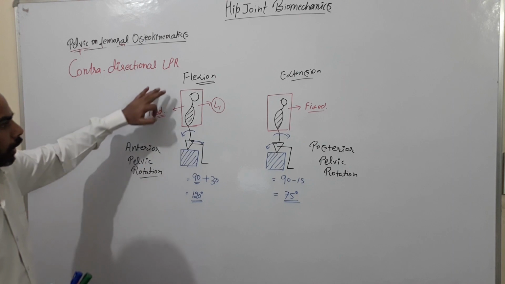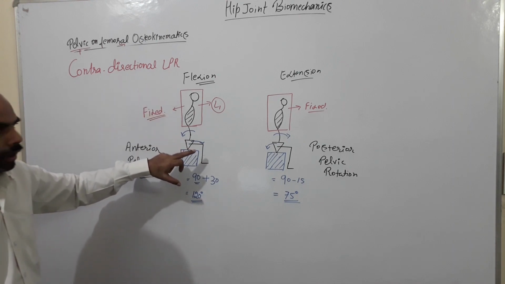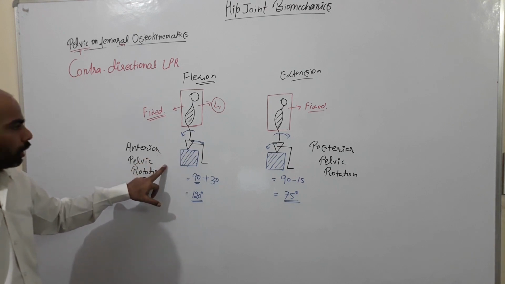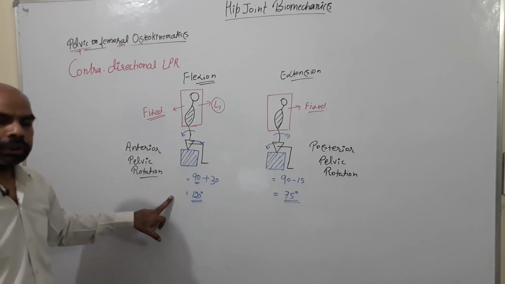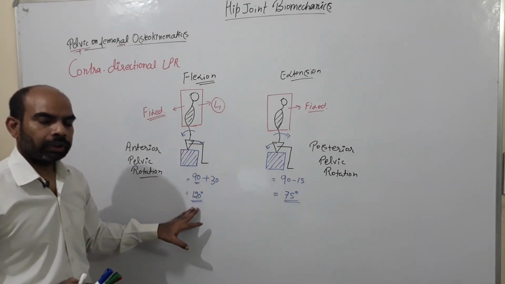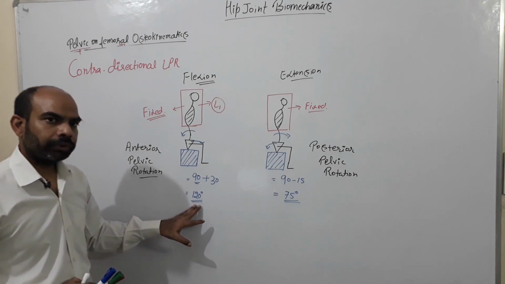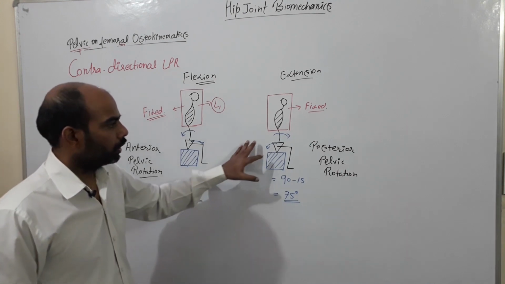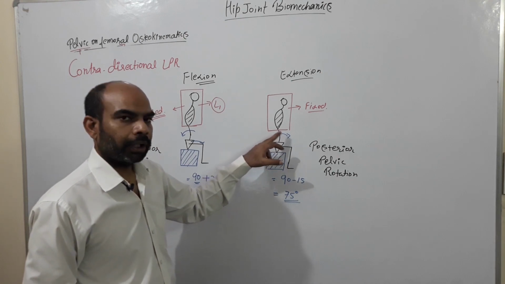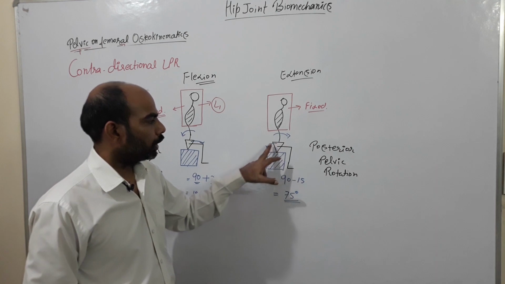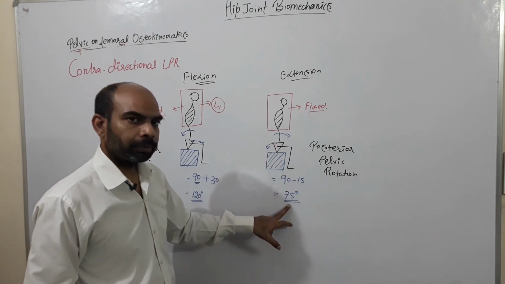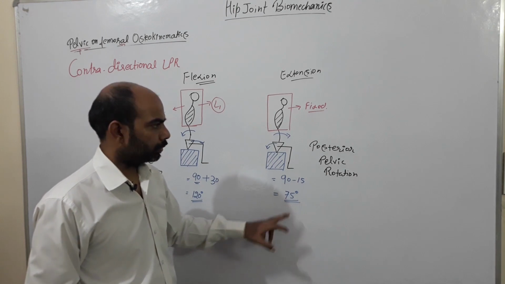So during flexion, pelvis moves anteriorly and lumbar spine moves posteriorly. This is called anterior pelvic rotation. Range of motion is around 30 degrees from 90 degrees, so total hip flexion reaches up to 120 degrees. In extension, pelvis moves posteriorly and lumbar spine moves anteriorly. Range of motion is only around 15 degrees, so total is up to 75 degrees hip flexion.